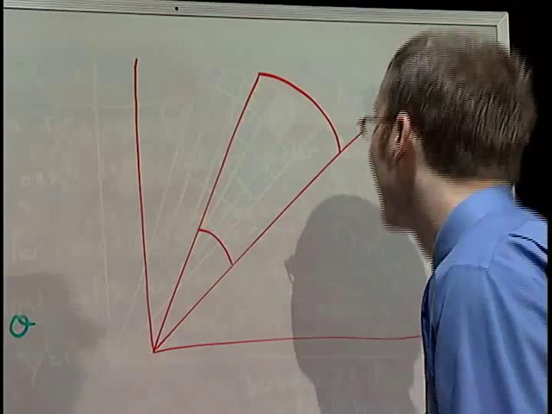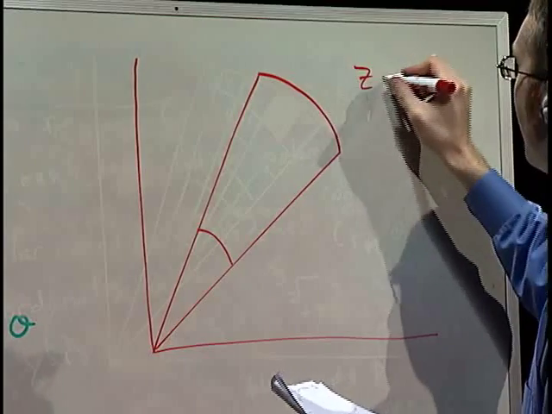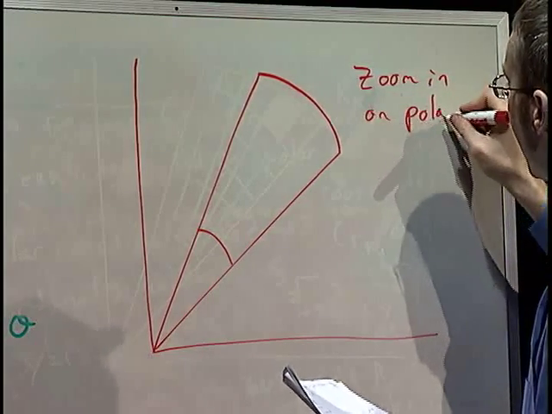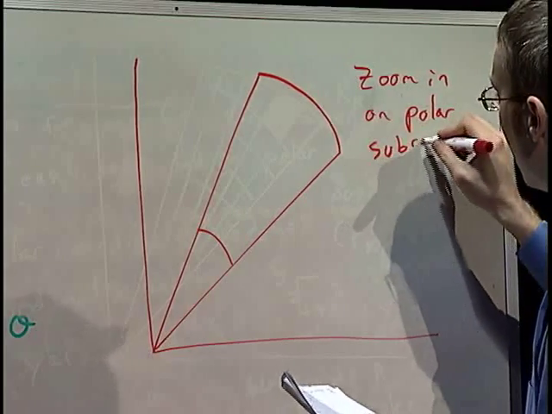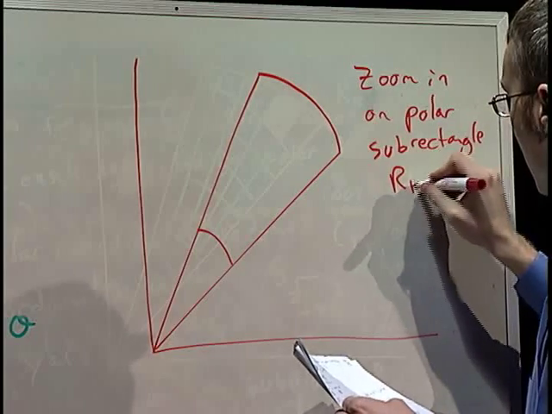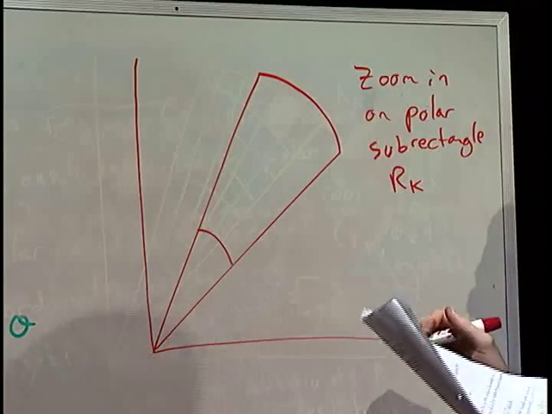So we're going to zoom in on a single polar subrectangle, R sub k.